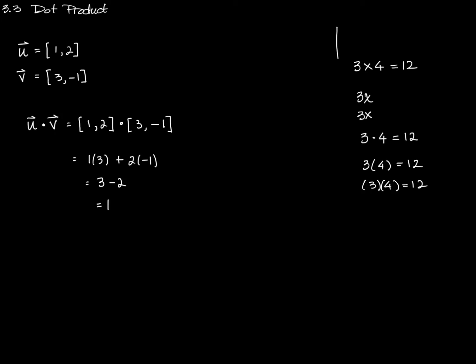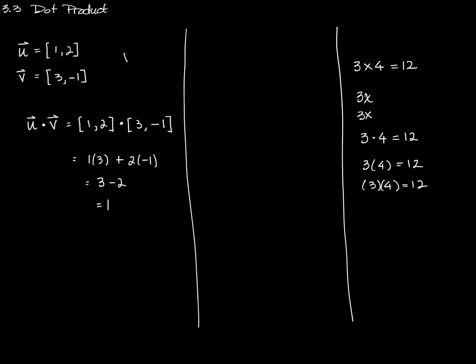I can do this in any dimension. So let's do one in R3. This one's R2. This next one will be in R3. So let's take vector R as (1, 2, 0), and vector S as (-2, 1, 5).